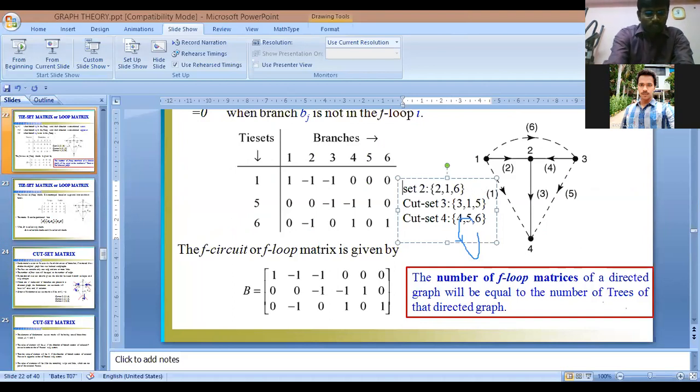If you take tie set 1, it consists of 1, 2, 3.